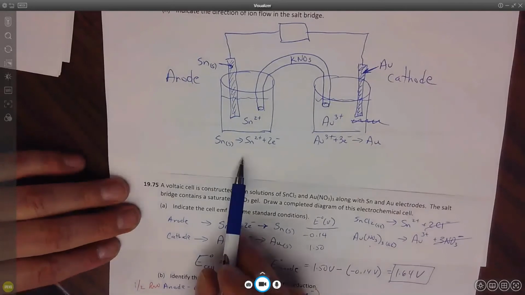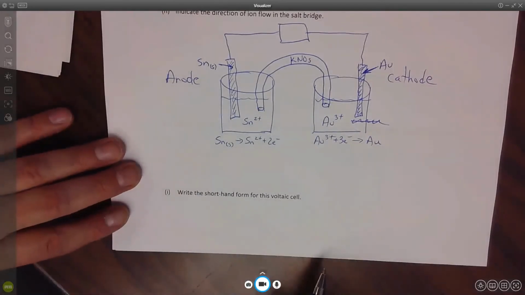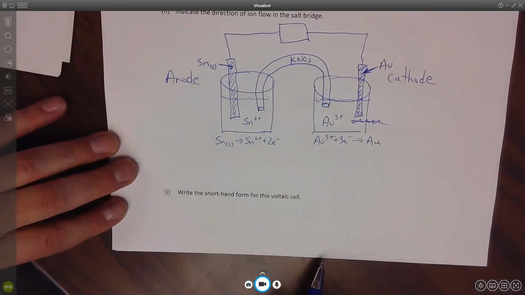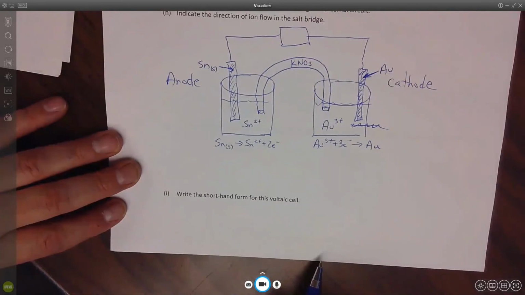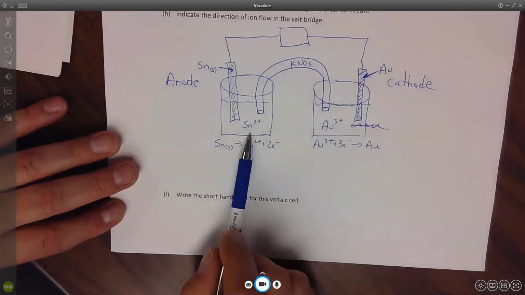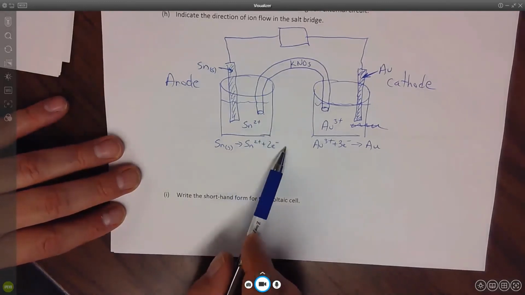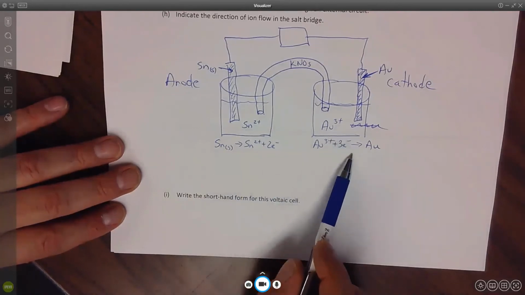Look at the chemical reactions. Which way are the electrons flowing? From left to right or right to left? Look at this here. They're being produced here, and then they're being consumed here.